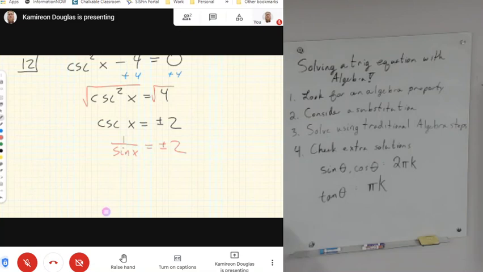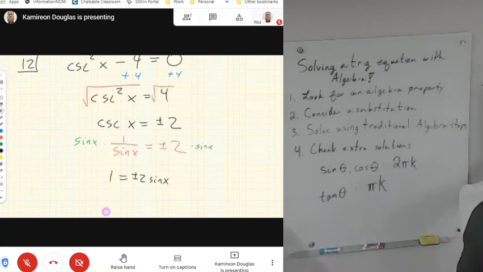Well, if I can get the sine by itself, then I can use the unit circle to find my answers. But that's a big if. Can I get sine by itself? You just multiply it over and then divide the plus minus 2 and get 1/2. Very nice. So I'm going to multiply both sides by sine. And then divide. So I get 1 equals plus or minus 2 sine of x.